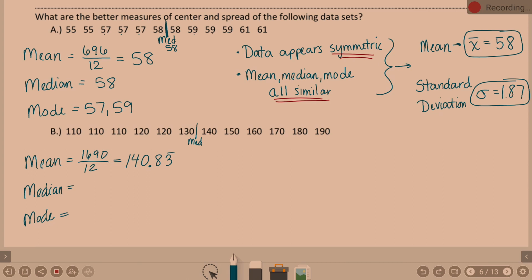However, reminder, if it's not as obvious, 130 plus 140 and divide that by 2. We get 135. What about a mode? Looks like we've got 3 110s.